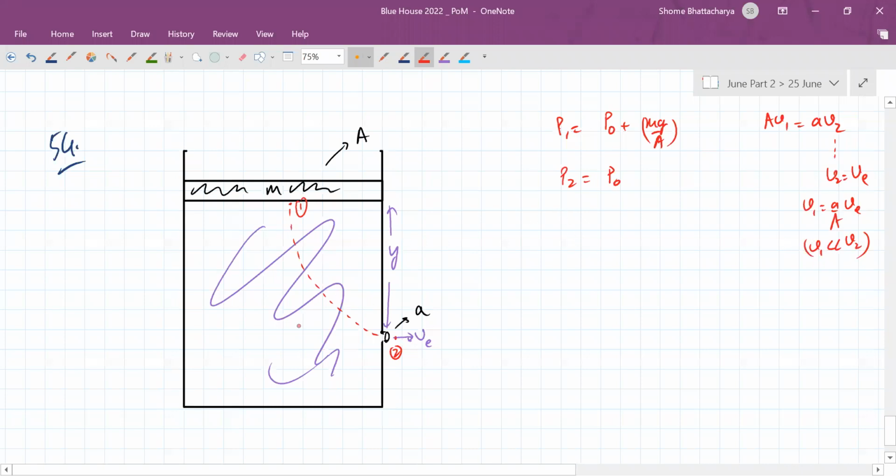Okay. So now apply Bernoulli's equation. So you get an extra term. It will be square root of 2gh plus some term. That extra term will come because of this additional pressure because of the weight of the piston, mg by A. Understood? No? Yes, sir.